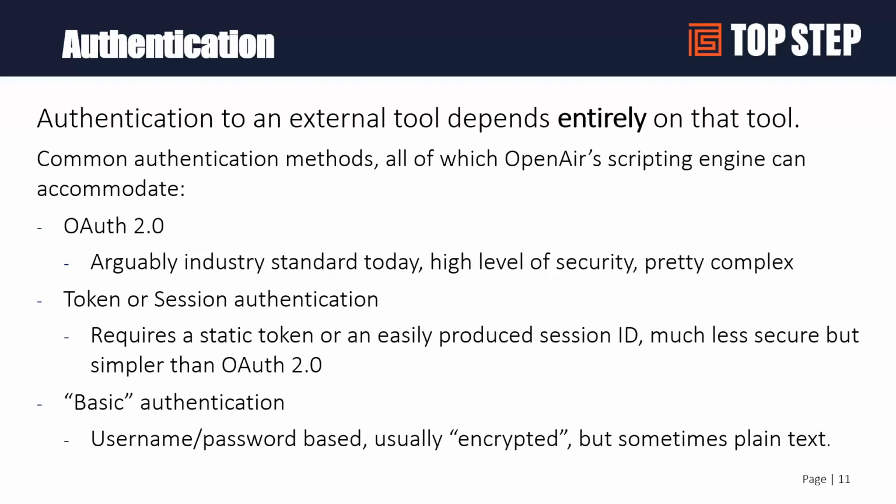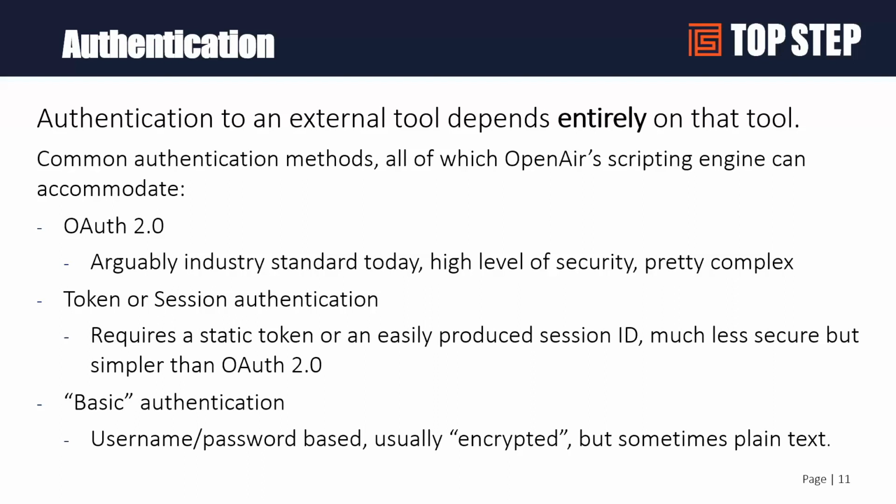OAuth 2.0 is the standard, at least in my opinion. That's the industry standard. It's a high level of security. It's fairly complex. It takes a bit to get this set up. We'll talk a little bit about that in another slide. But that's the standard, and it's achievable through an OpenAir script.